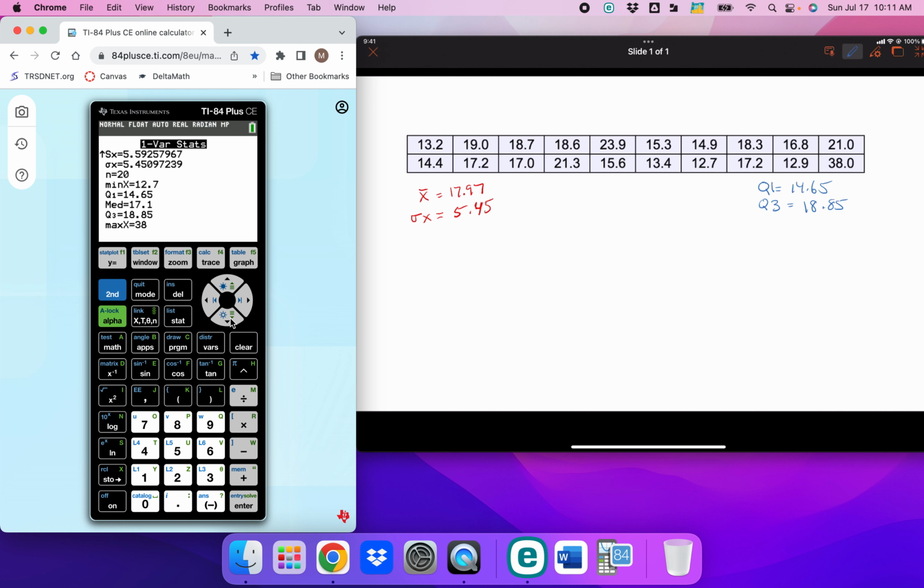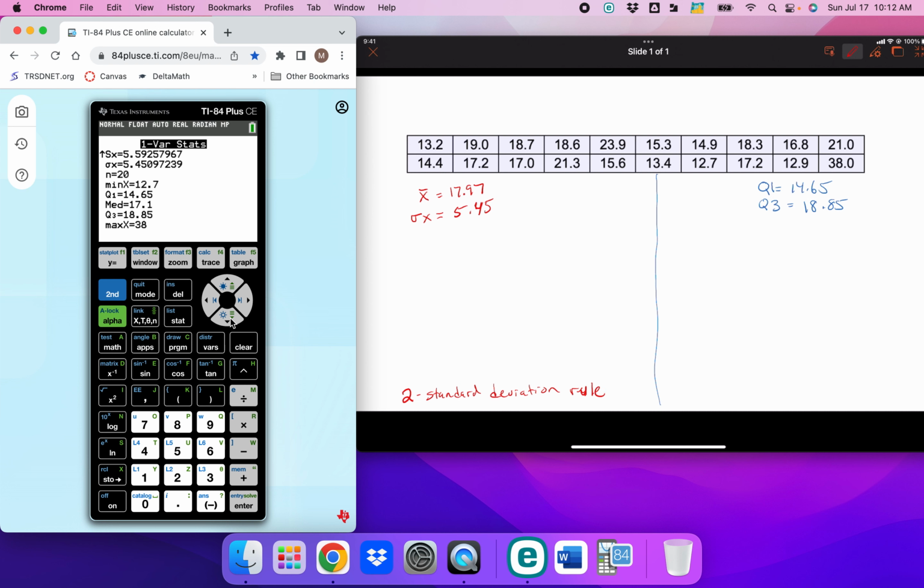Okay, so now I'm going to use this data to determine if there are outliers. So I'm going to put a line down the middle. We're going to start with the 2 standard deviation rule. So I'm going to write it down here. 2 standard deviation rule.